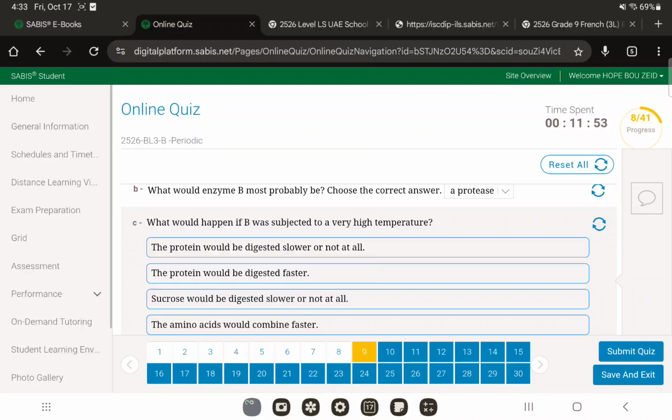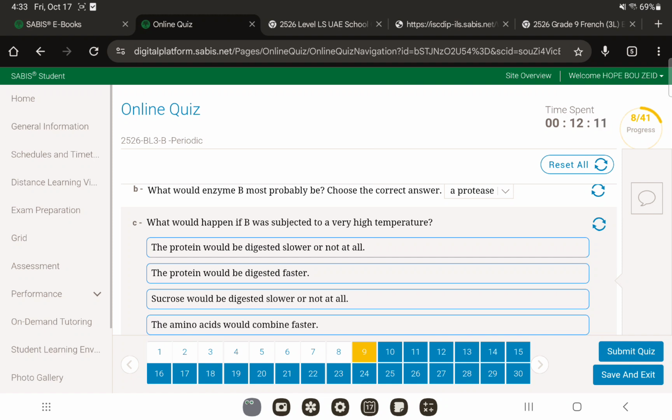What would happen if B was subjected to a very high temperature? A very high temperature would mean above 40 degrees Celsius. And if it's above 40 degrees Celsius, then the enzyme will become denatured.